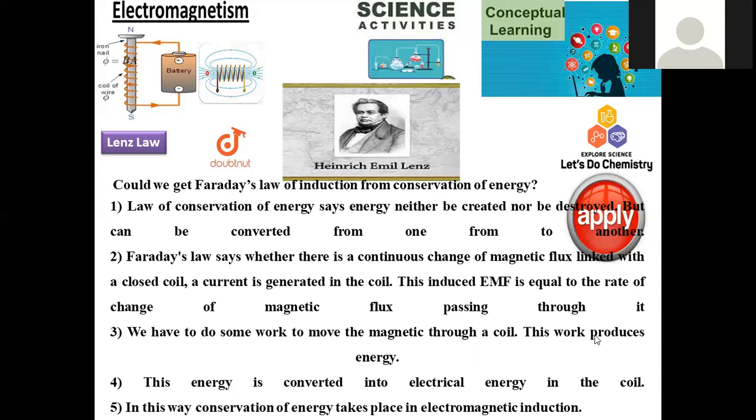The external work we are expending can be transformed into energy right here. The energy is converted into electrical energy in the coil. That energy generated by work from the external source is regarded as a mechanical force, and in turn converted into electrical energy in that coil, so that current generation is possible. In this way, conservation of energy takes place in electromagnetic induction.